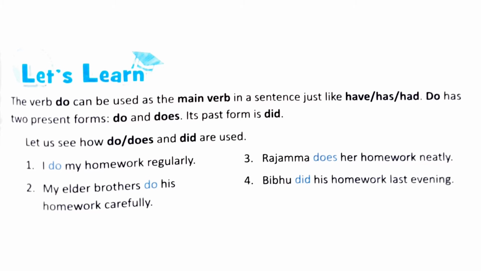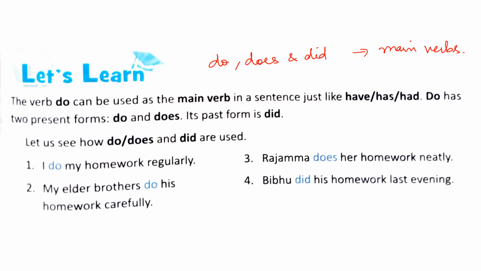Now here we will discuss do, does, and did, and how they can be used as main verbs in sentences. Okay, so the verb do can be used as main verb in a sentence, just like have, has, had.